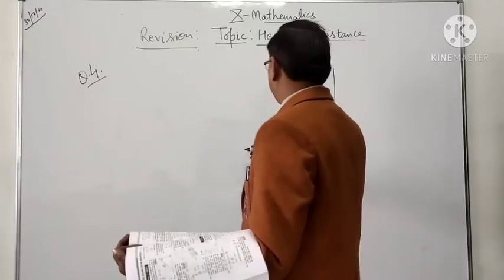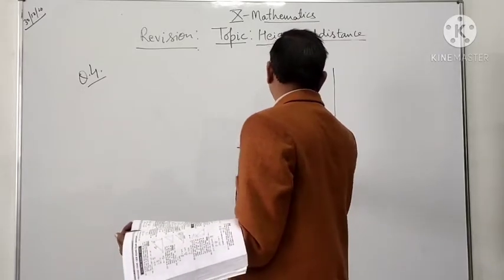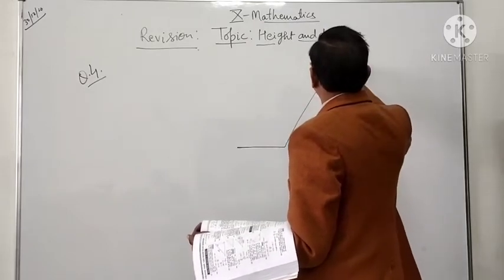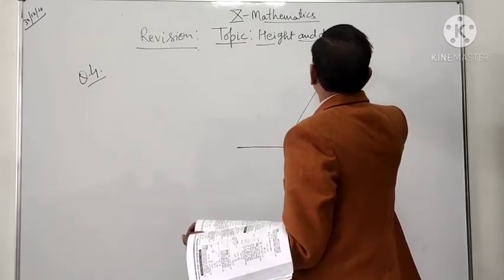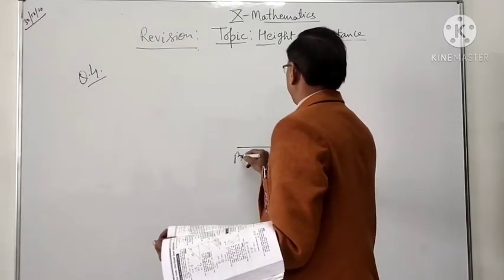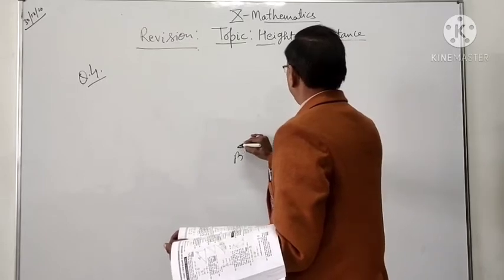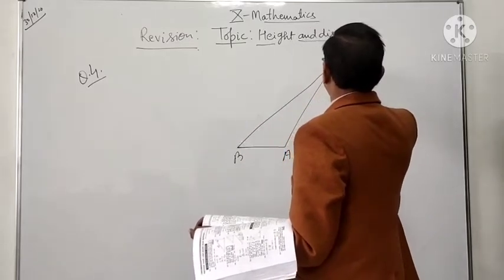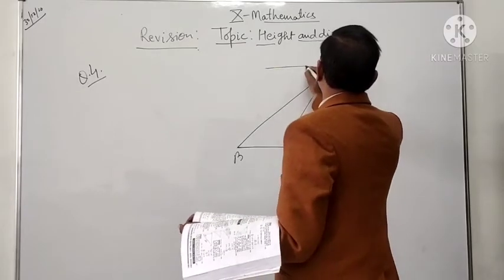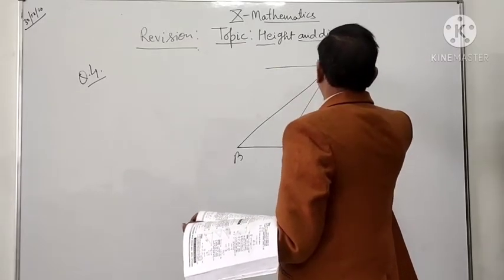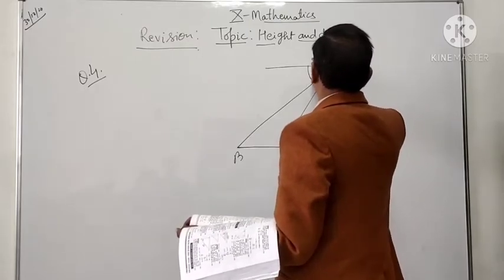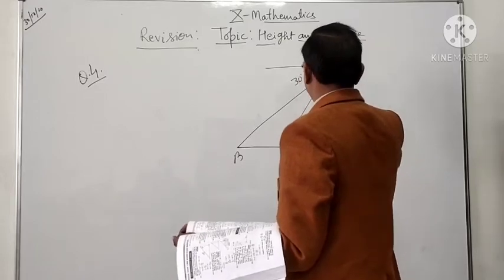There are two ships, they are on the same side. Their angle of depression is 45 degree and 30 degree. Let A and B be two ships. This angle is 45 degree. This 30 degree is given.